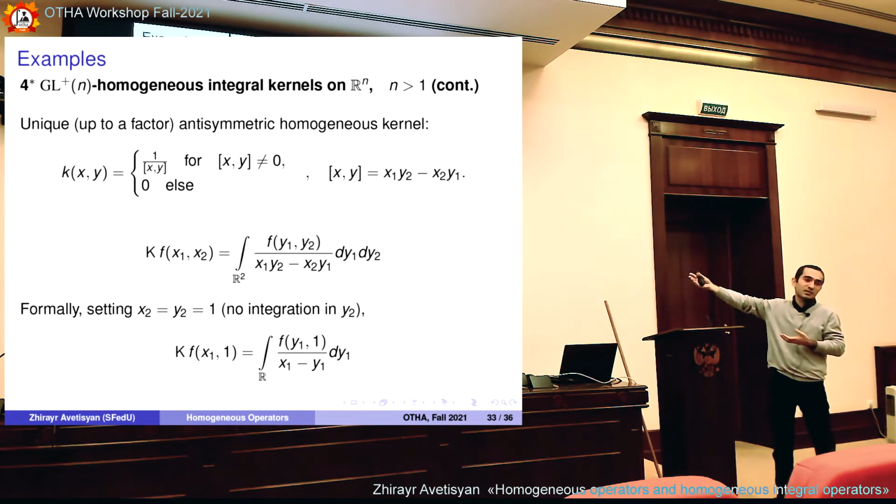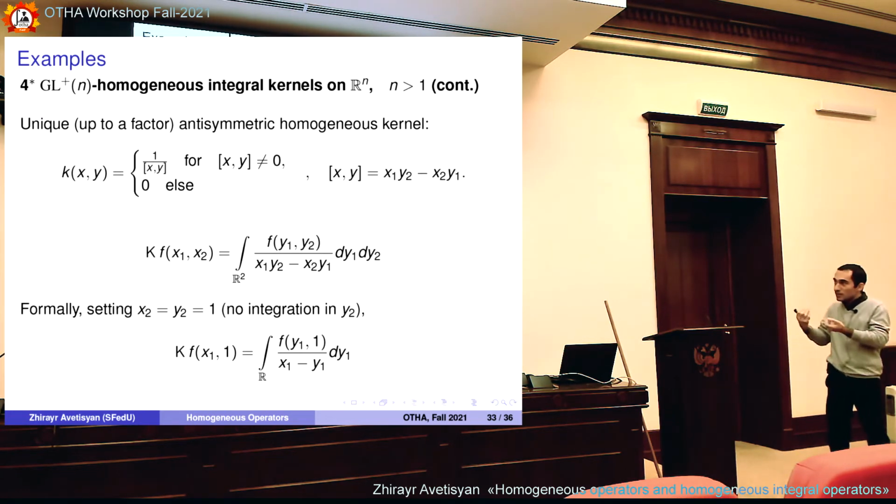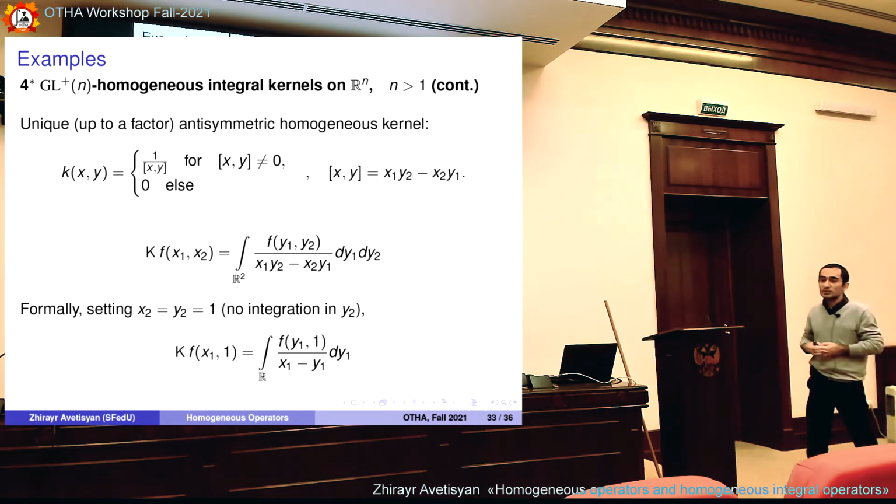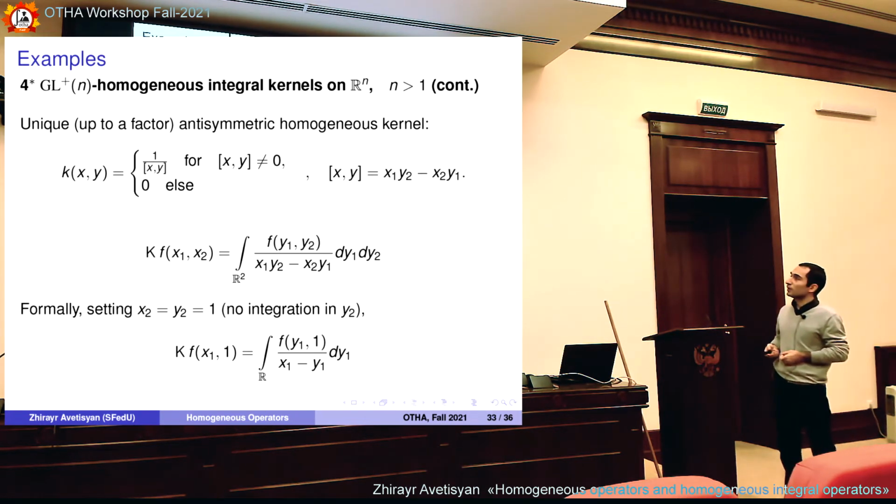People just write it and see that it's wonderful, right? In this case, this operator arises naturally as the unique anti-symmetric homogeneous operator, which is invariant under all orientation-preserving linear transformations.